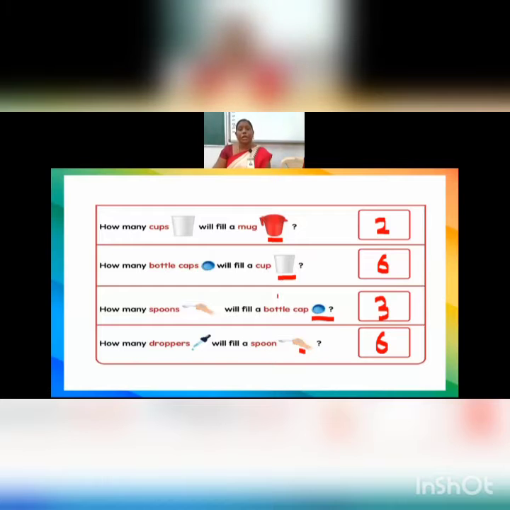So how do we know which container holds more, children? We see which container is big and small, and we pour water from the small container to the big container, and we take more than one pour of the small container to the big container.